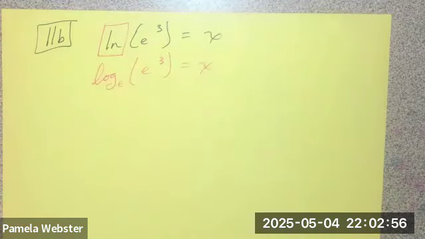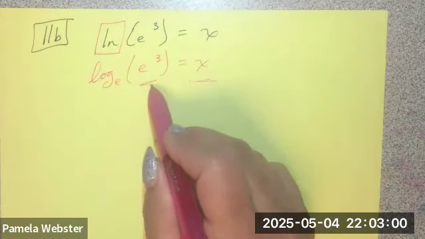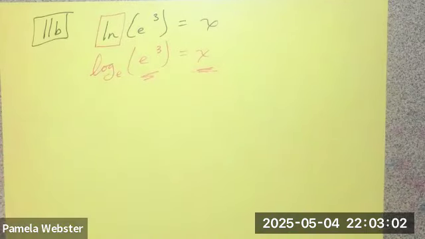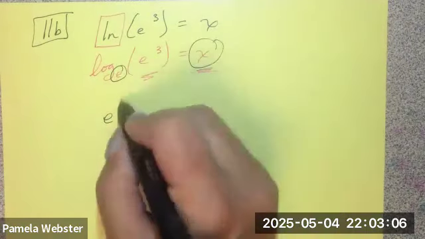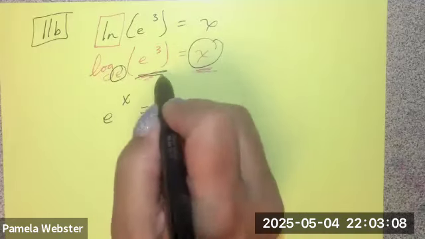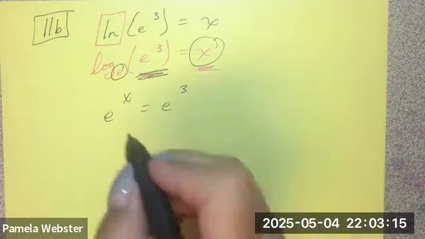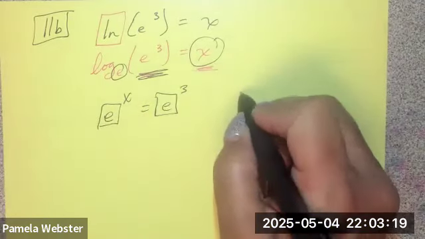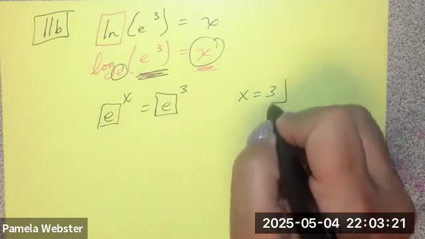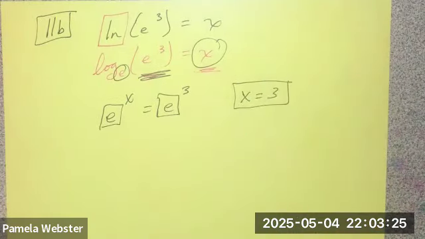And now can I do log base answer equals exponent? Yes, we can. So what's the base? E, raised to what's the exponent? X equals all of that answer, e to the third. Hey, that's pretty good. E to the x equals e to the third. They have the same base. So what? The exponents are the same.